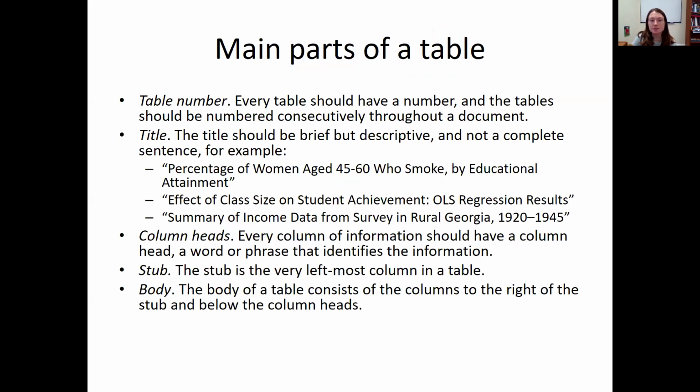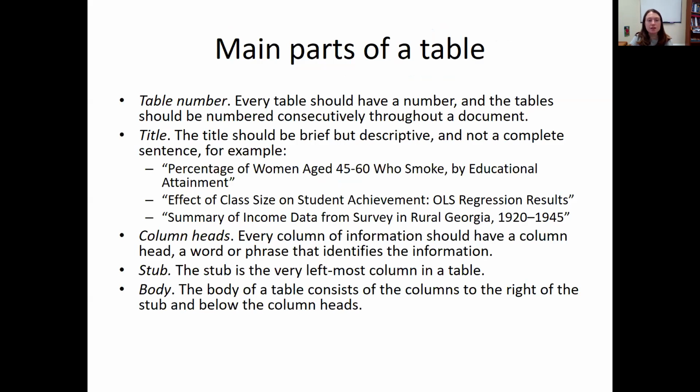So a table has certain main parts. First is a table number. Every table in your paper should have a number, and the tables should be numbered consecutively throughout the document. Depending on whether you're writing in Microsoft Word or in LaTeX or some other program, the tables might automatically get numbered in order, but if you're manually typing the table numbers and you later rearrange your tables, make sure that you update the numbers.